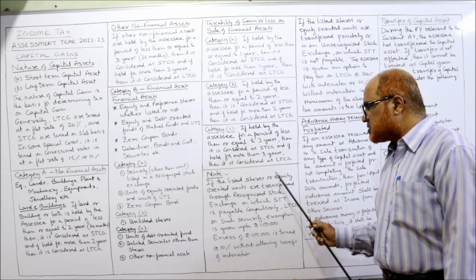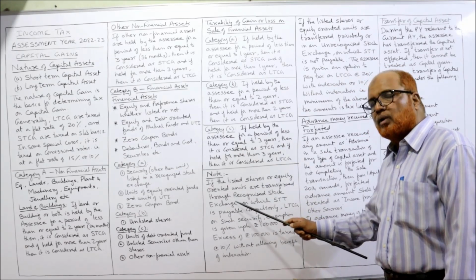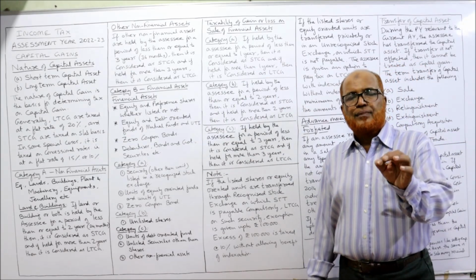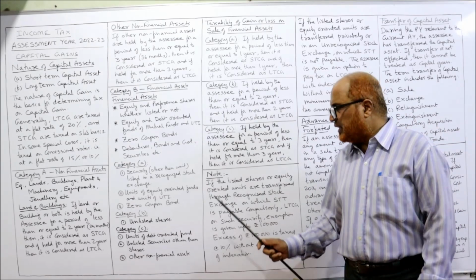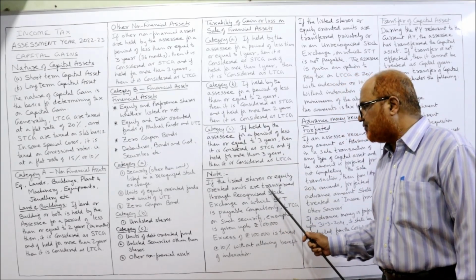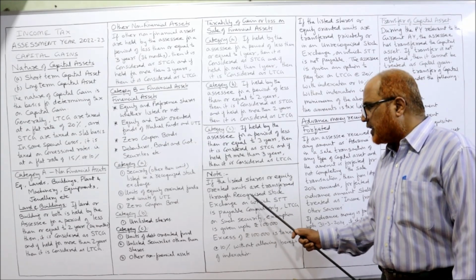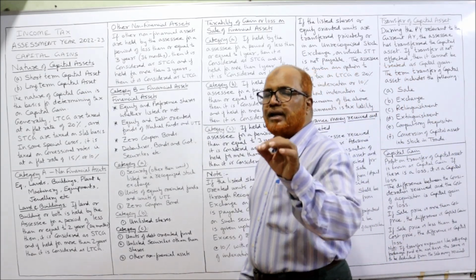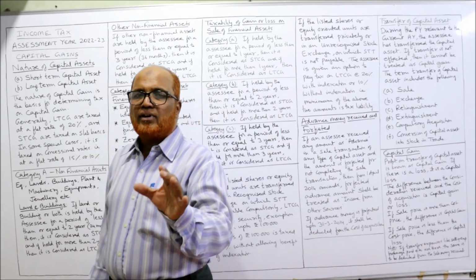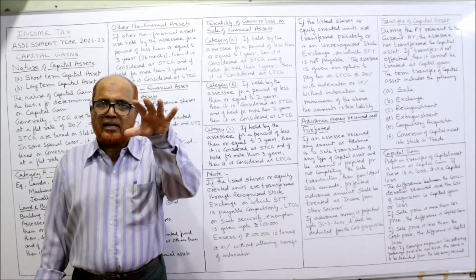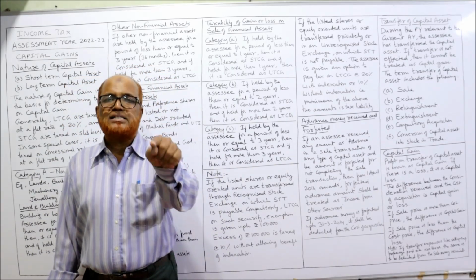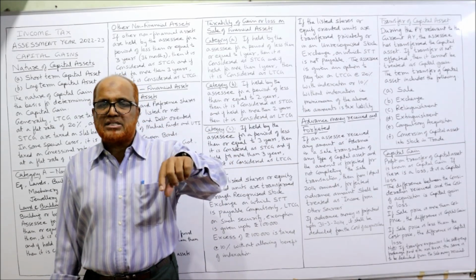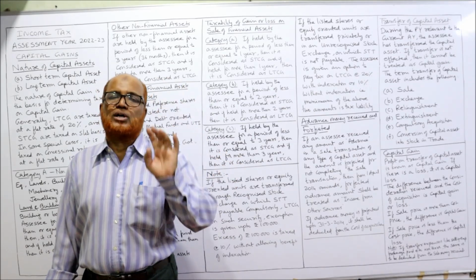If the listed shares or equity oriented funds are transferred through a recognized stock exchange on which STT is payable, security transaction tax. So whenever shares are bought and sold at a recognized stock exchange, then STT will be applied. Security transaction tax has to be paid for purchasing and selling the security in the stock exchange.